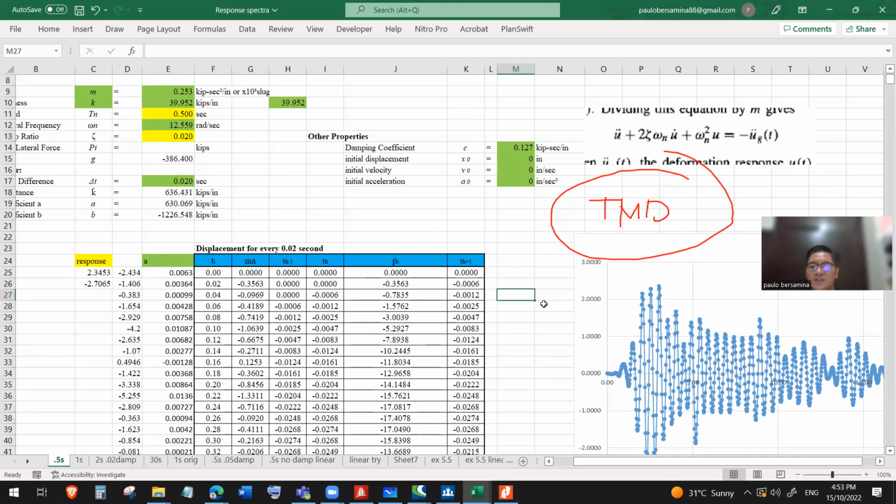So those two parameters, the damping and the frequency, which is a function of mass and stiffness, dictate the response.